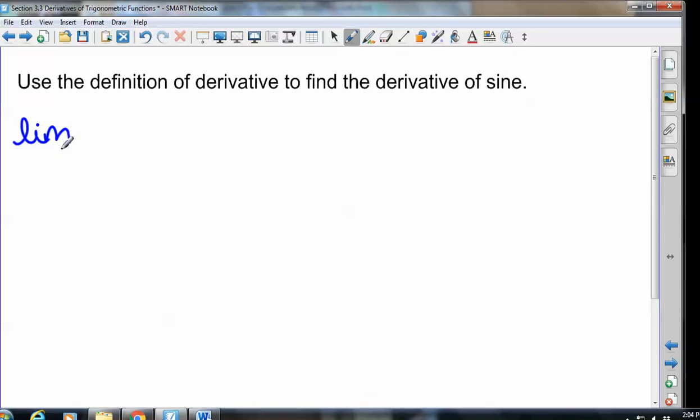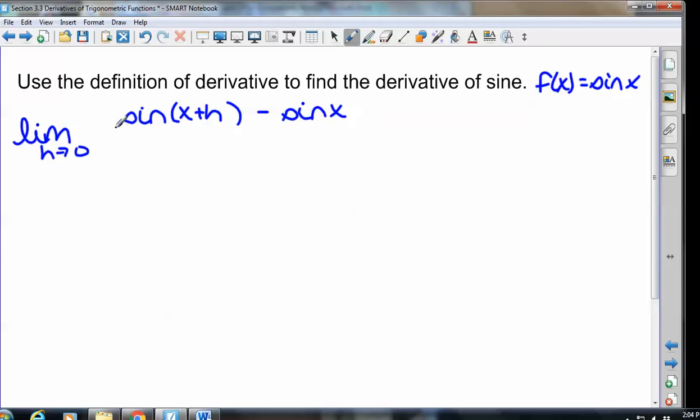So the definition of derivative is the limit as h approaches 0 of f of x plus h, here my function is just sine x, so f of x plus h is sine of x plus h, minus f of x, all over h.